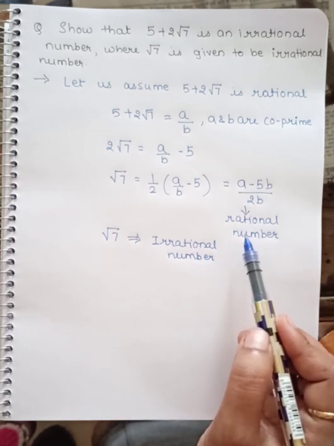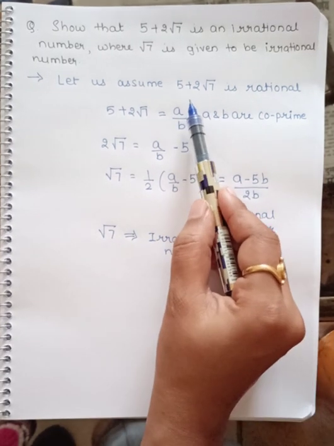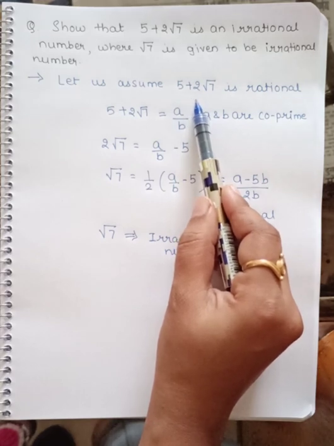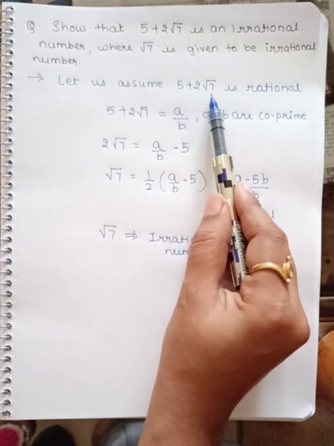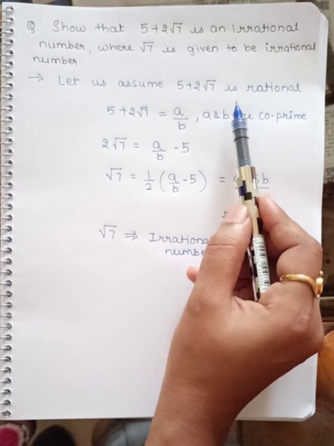What does it mean? It means that whatever we have assumed in the first place, our assumption is wrong. And that means the value of 5 plus 2 root 7 is not rational, but it is an irrational number.